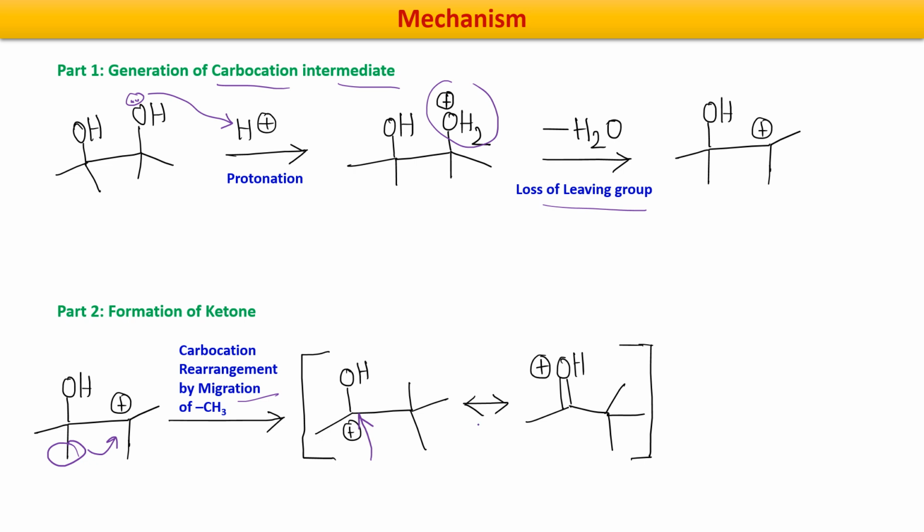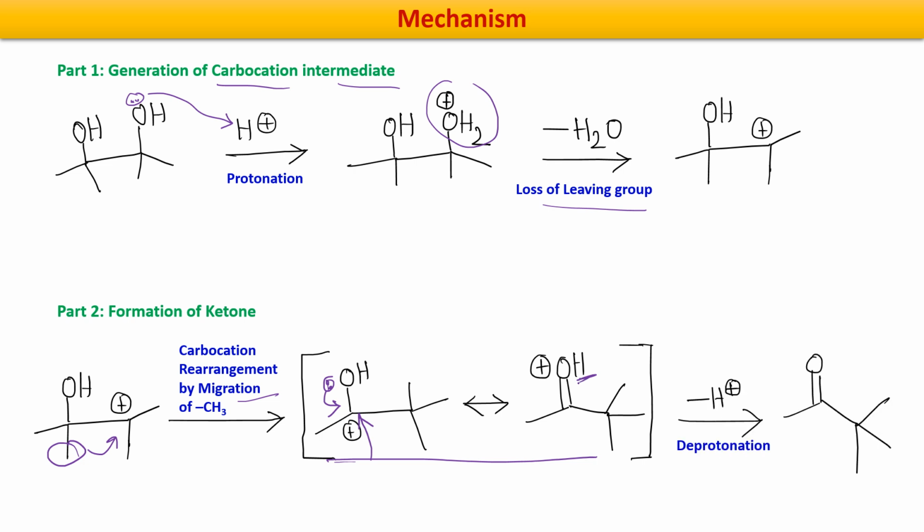If you follow this resonance, the lone pair of oxygen makes this carbocation stable, and that is the driving force. Compare the original carbocation and the newly formed carbocation; the new one is more stable. Finally this H is removed, the final step is deprotonation, and we get our product, CH3CO and then a tertiary butyl group, right?